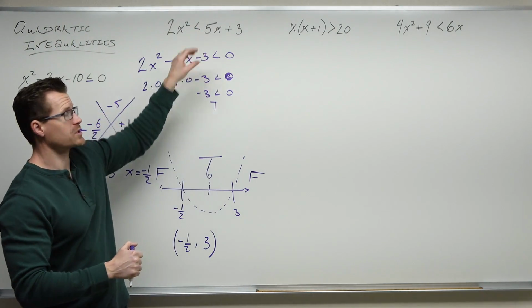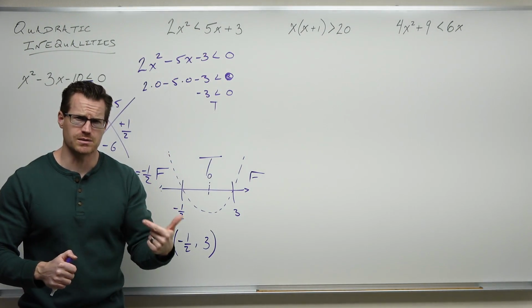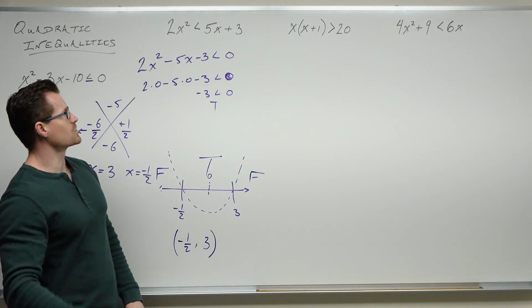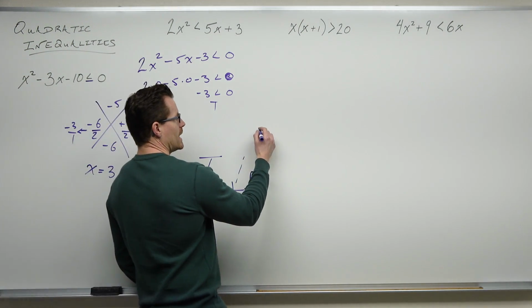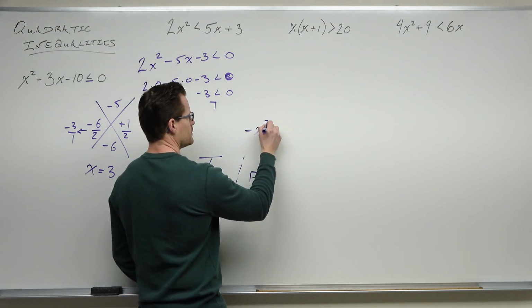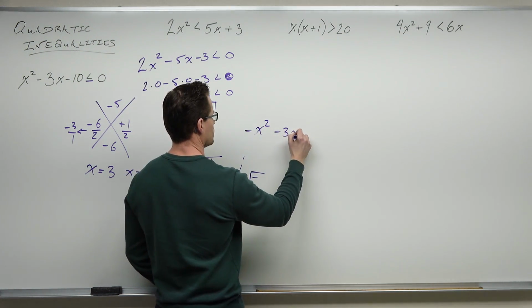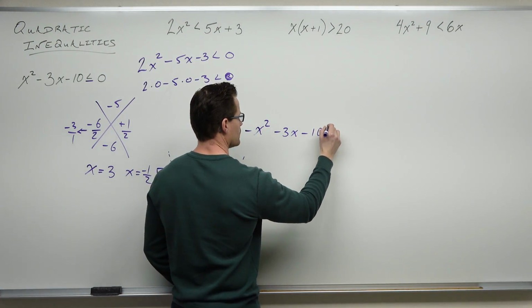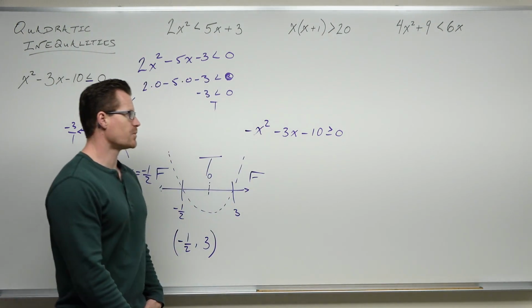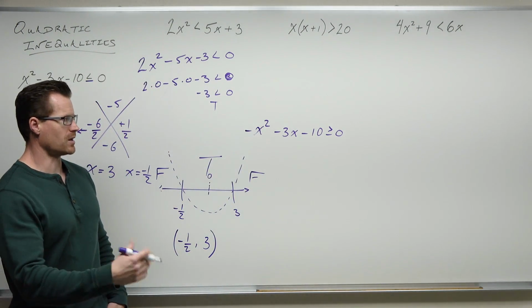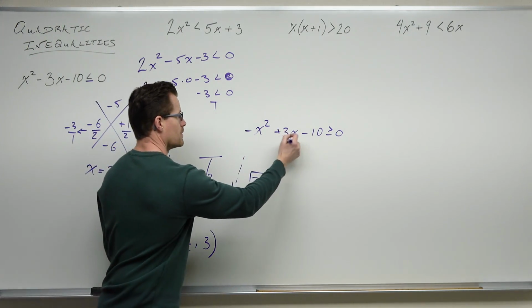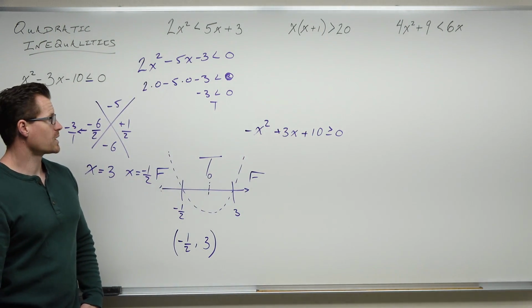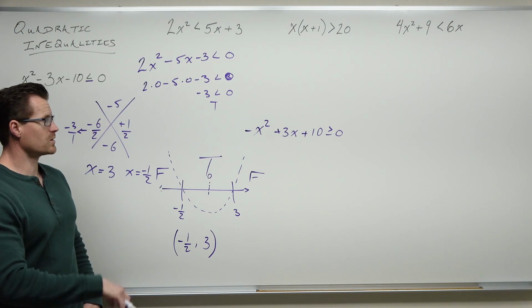Now, getting the original picture correct, understand what's going on, yes, that is important, but maybe I can show you one right now. So suppose that we had that's our first example with everything flipped around. So negatives instead of, negative x squared plus 3x plus 10 greater than or equal to 0.